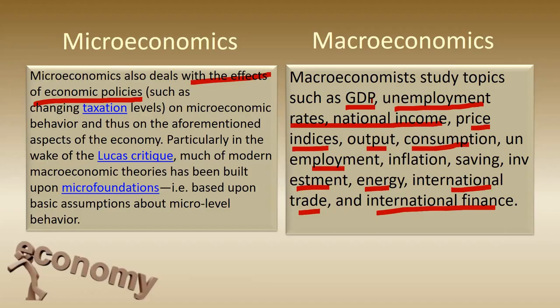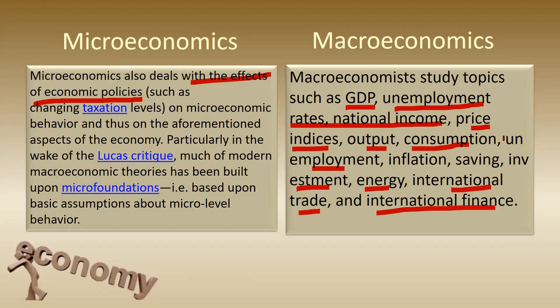That is, how gross domestic product prevails in any economy, and the unemployment rate and national income. So labor and capital acting upon natural resources, how they produce a net aggregate of commodities, and then the price index and output, the total consumption, then unemployment and inflation, total saving, total investment.